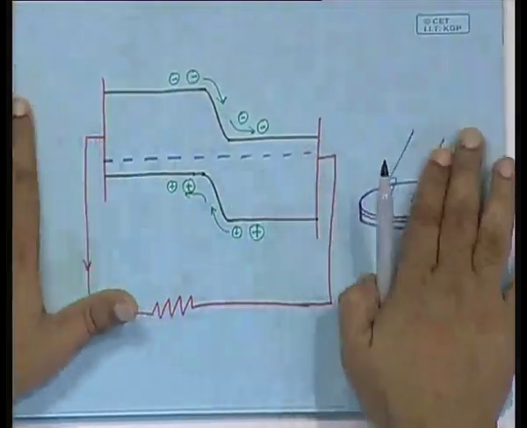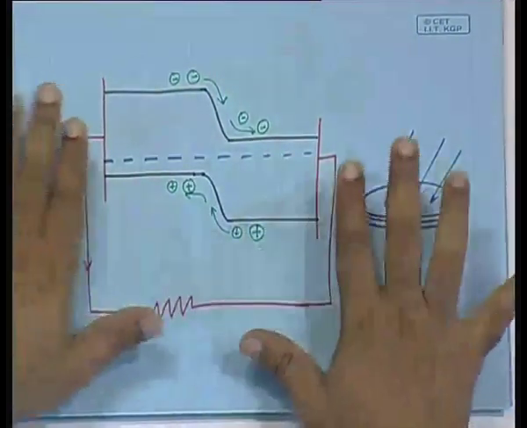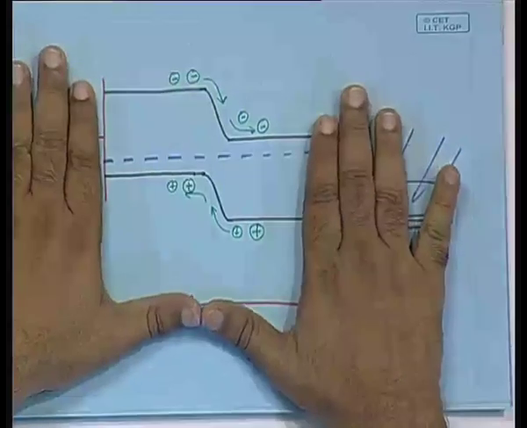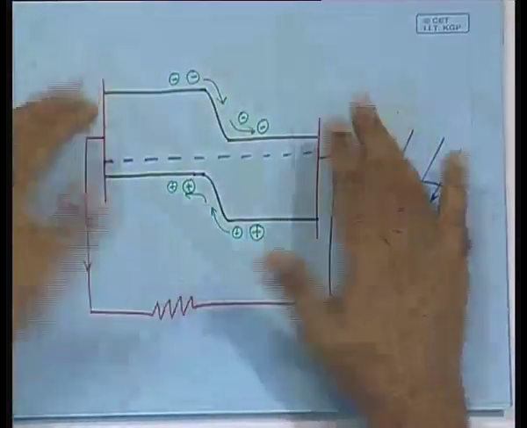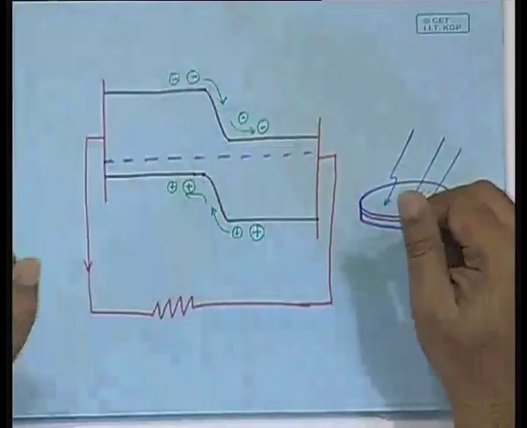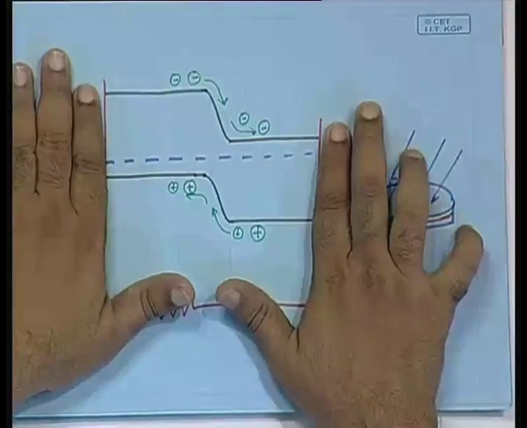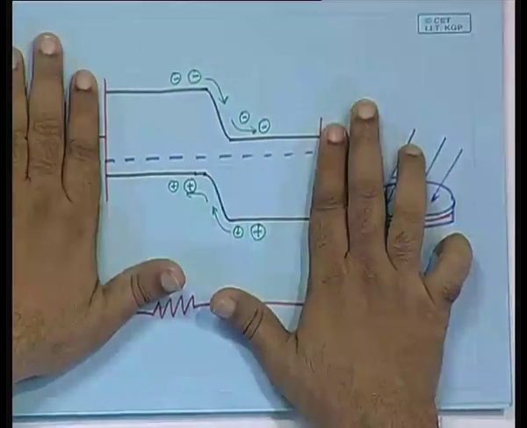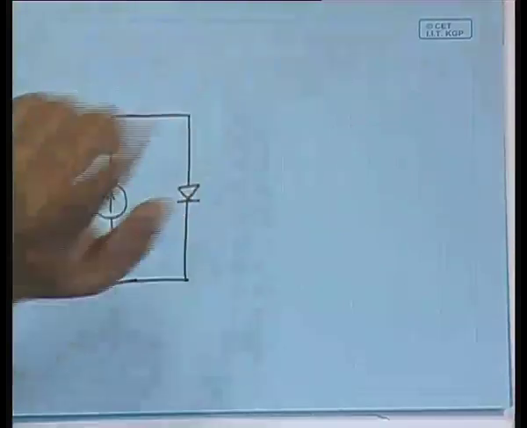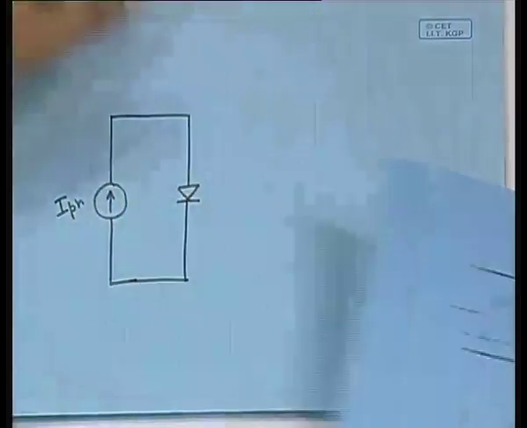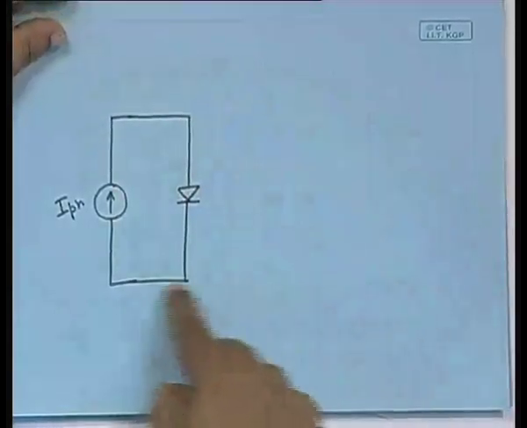Now, if there is a connection to the external world, what happens? There is a current flow, all right, as a result of which the open circuit voltage that was there, which was if it is not connected, then there will be some voltage which allows the full current to be shorted through. But if there is an external voltage, then this voltage will reduce, but nevertheless there will be a voltage due to which there will be a current. So, this diode will remain, but then you have to connect some external stuff here.